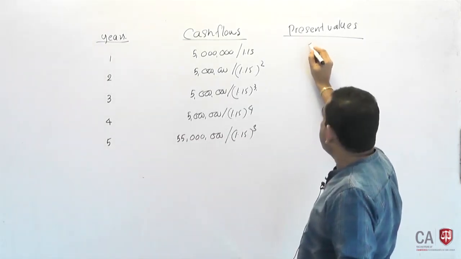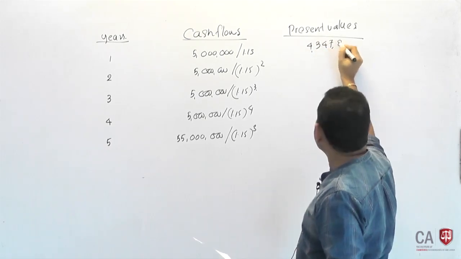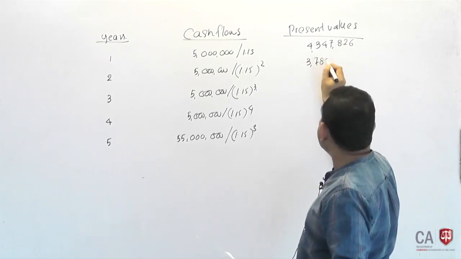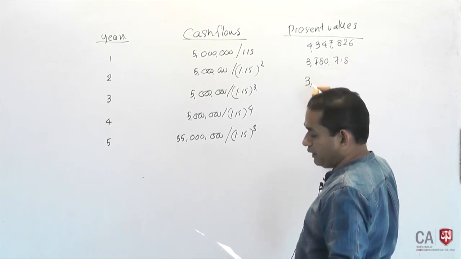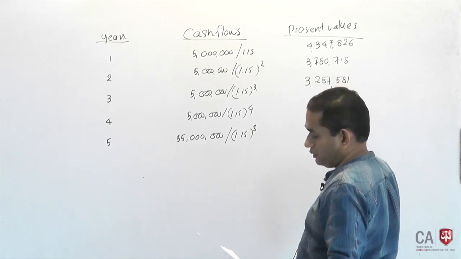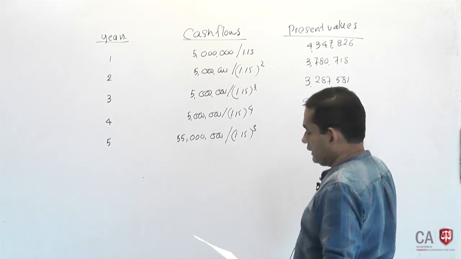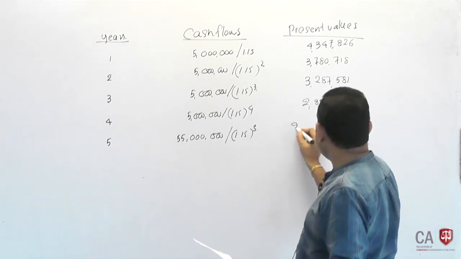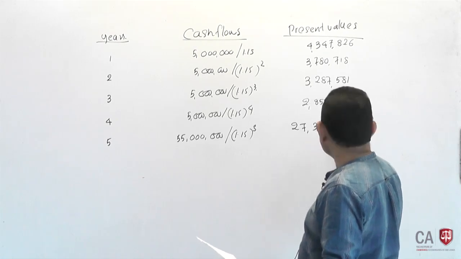Here the present value is 4,347,826, 3,780,718, 3,287,581, 2,858,766, 27,344,720.